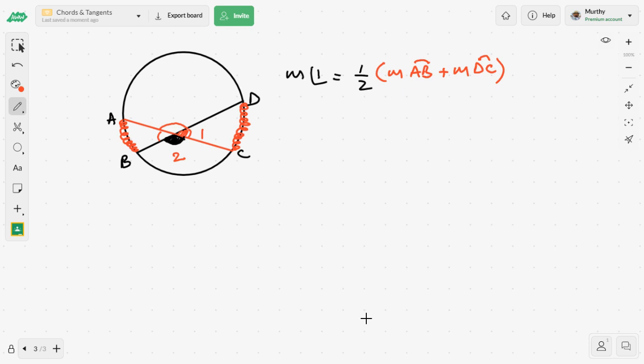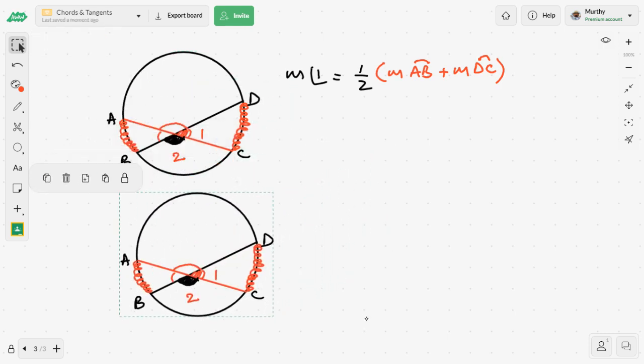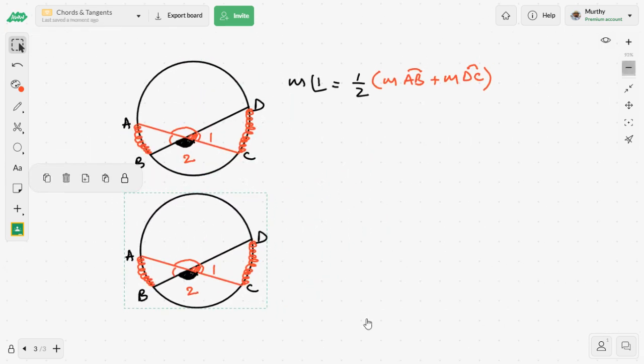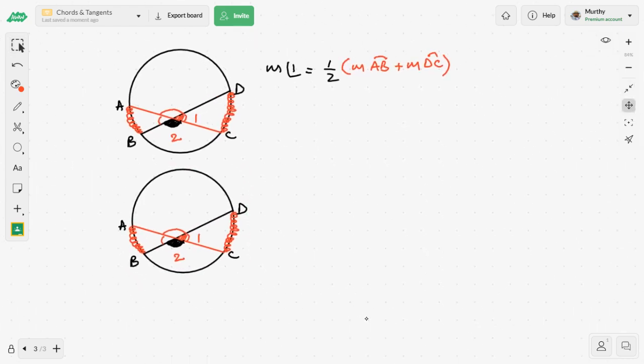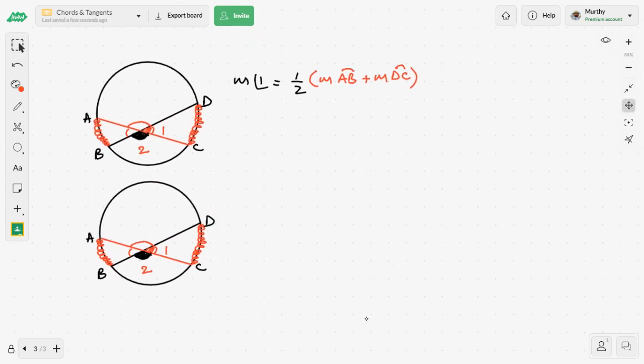Okay, so let me give an example really quick. Say that you are given, let me copy a diagram. Let me duplicate. Okay, and say that, let me take some numbers here.